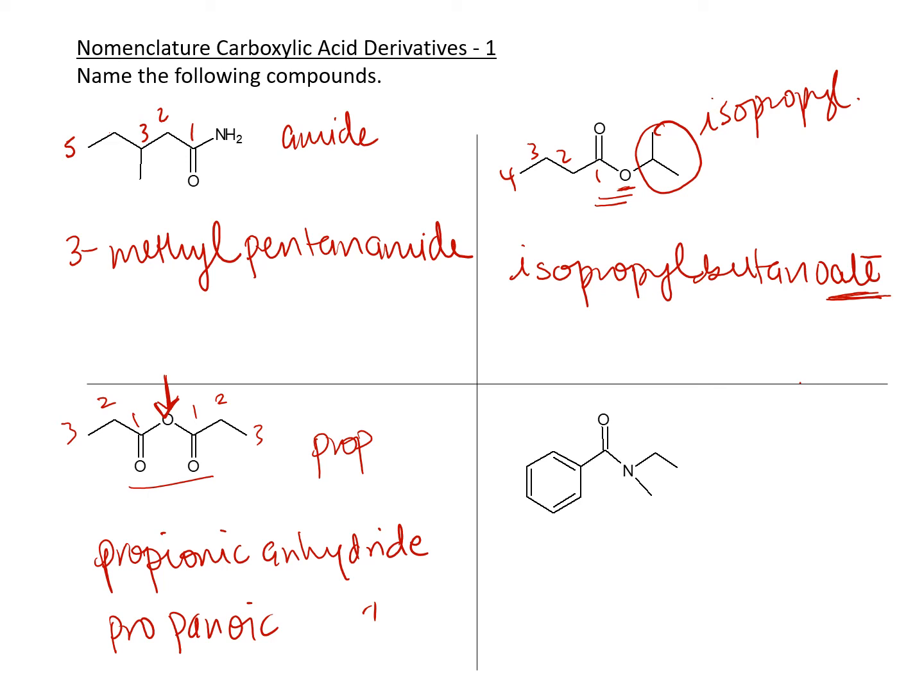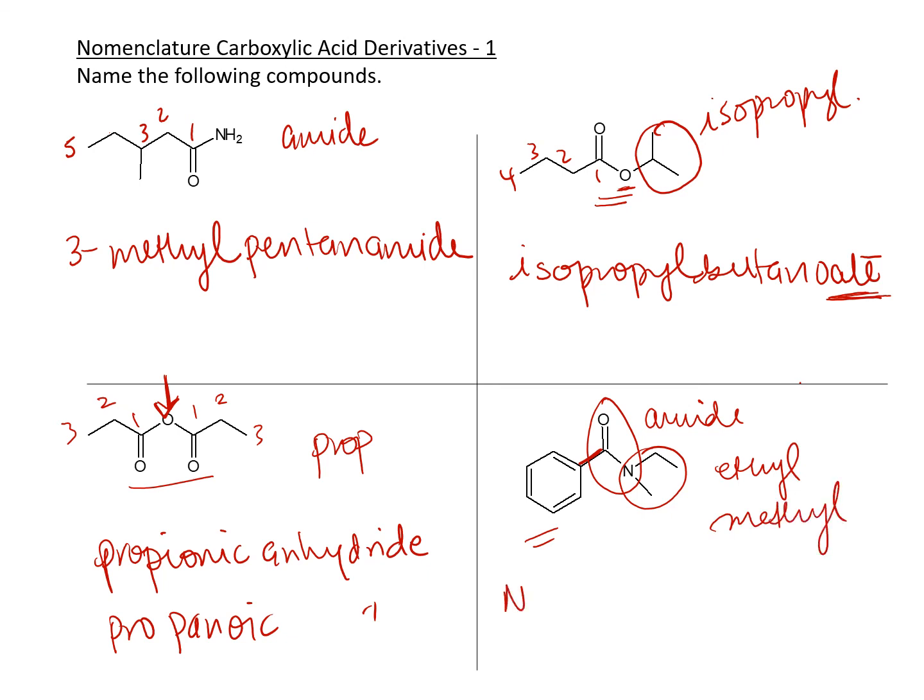Looking at the next one now, we have some groups on the nitrogen. This is an amide, right? This is a benzene ring, of course, and the benzene ring is the base, because that's connected to the carbonyl, so that's going to be my base name. Whatever is connected to the nitrogen is going to be the substituents, sort of. I have an ethyl group and a methyl group over here.